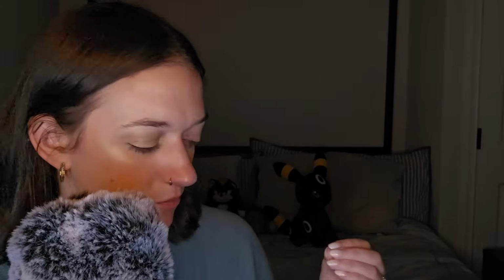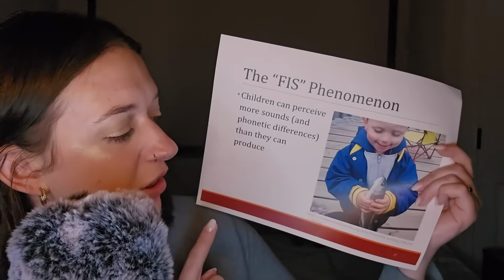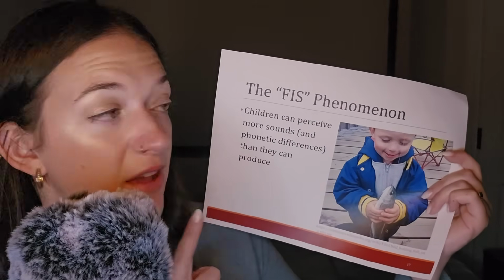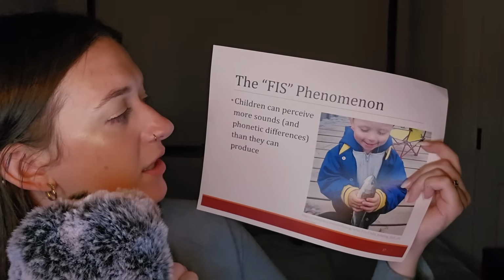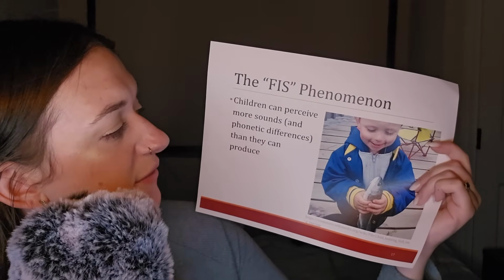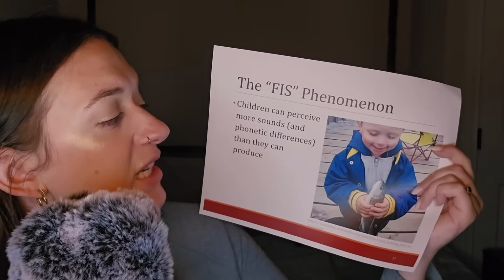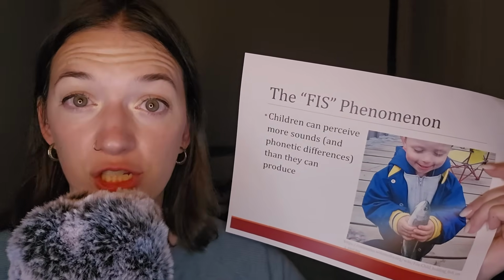Children also are able to produce sounds differently from how they can perceive sounds. We call this the fis phenomenon. So children can perceive more sounds and phonetic differences than they can produce.